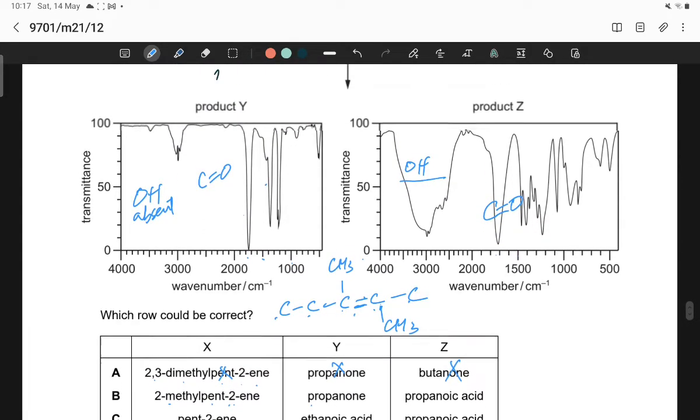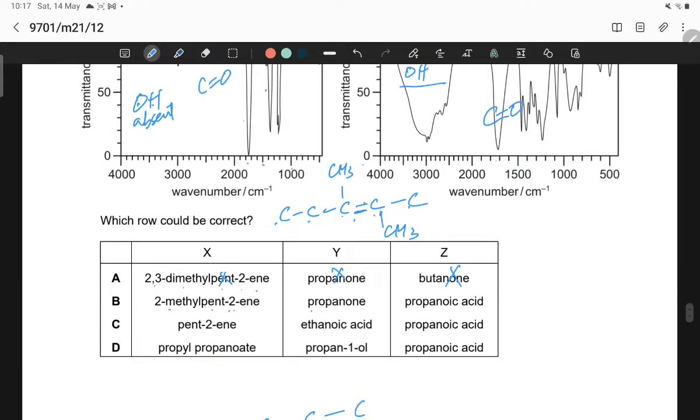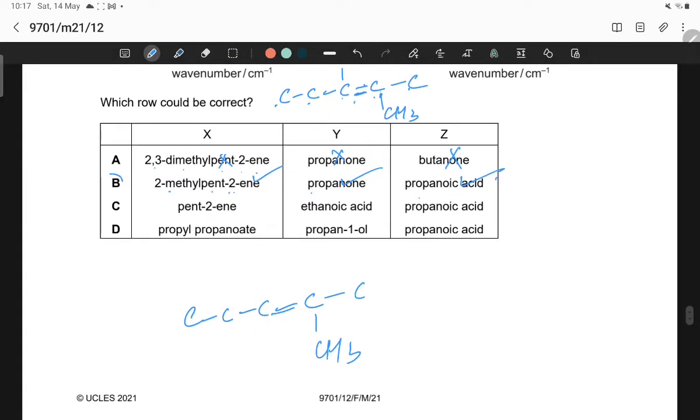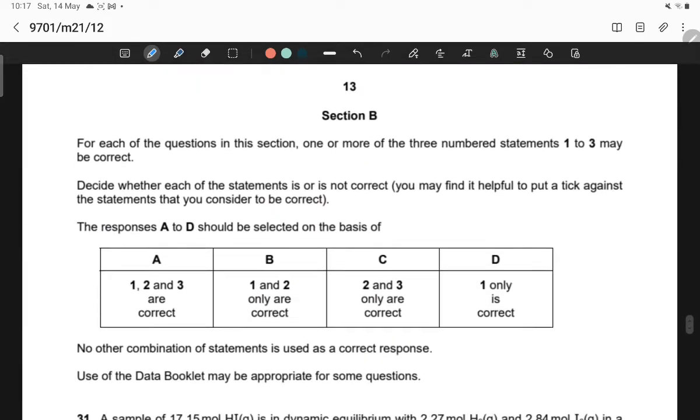Yes, C=O is present, the OH peak is absent, so it can be propanone, and it is also correct. And Z peak is this, so option B is correct. Ethanoic acid, propanoic acid, pentene can be, but this is the correct option.